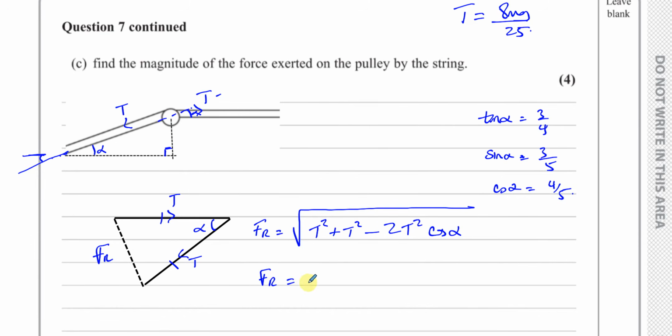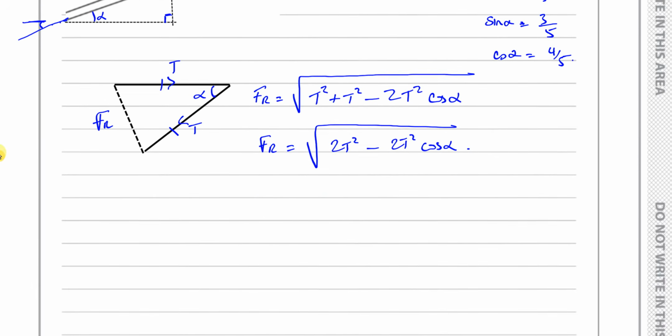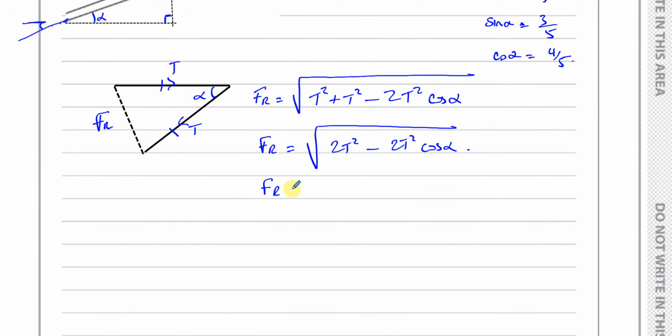So this is going to be the square root of 2T squared minus 2T squared times cosine alpha. To make life easier in terms of manipulating this, I can write it as the square root of 2T squared times 1 minus cosine alpha. Now let's put everything in.